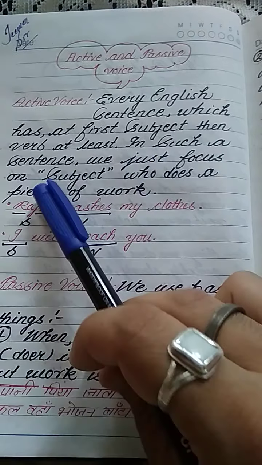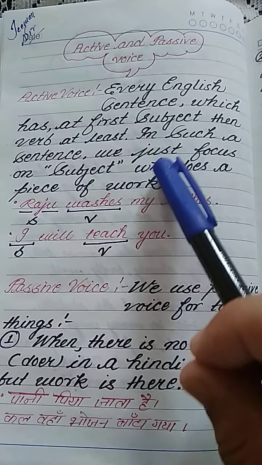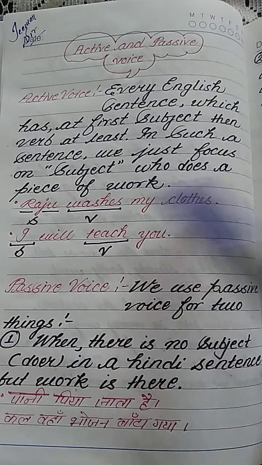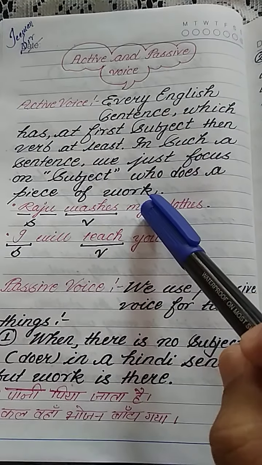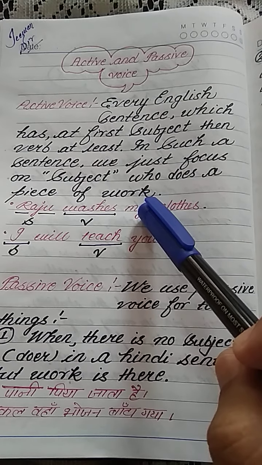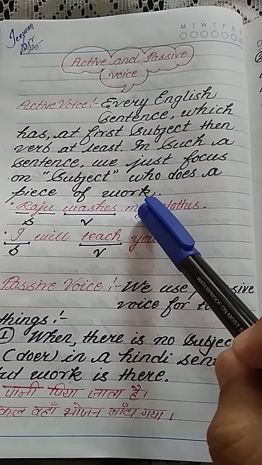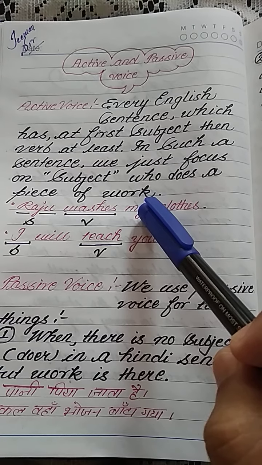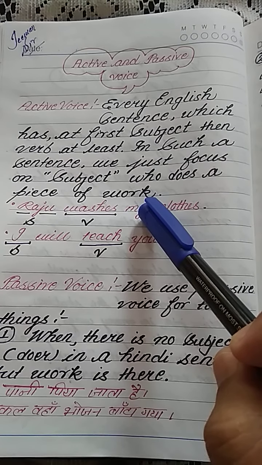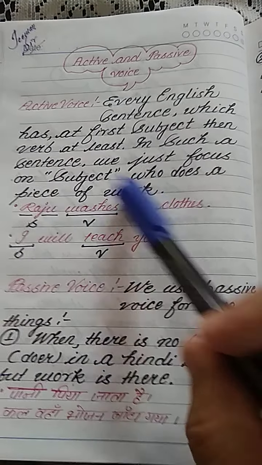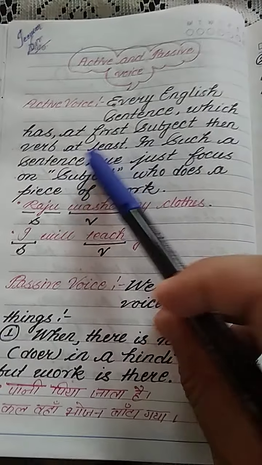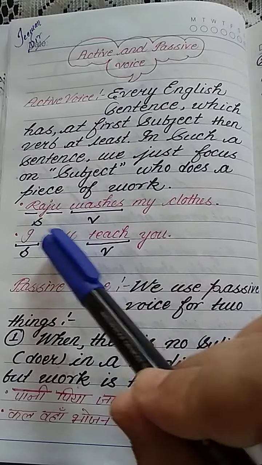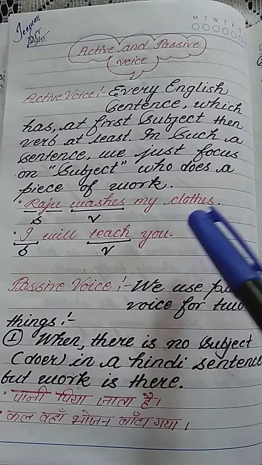In such a sentence, we just focus on the subject who does a piece of work. Yes, in an active sentence we just focus on the subject who does that particular work. We do not focus on the work which he does. That means we want to highlight only the subject in such kinds of sentences. For example, Raju washes my clothes.